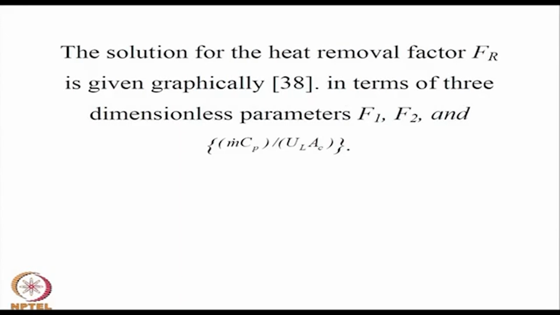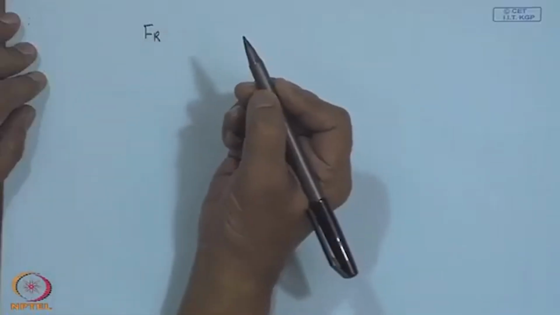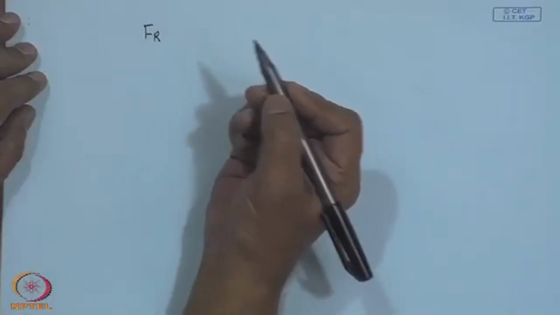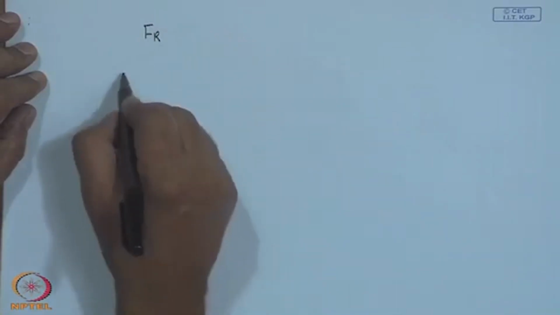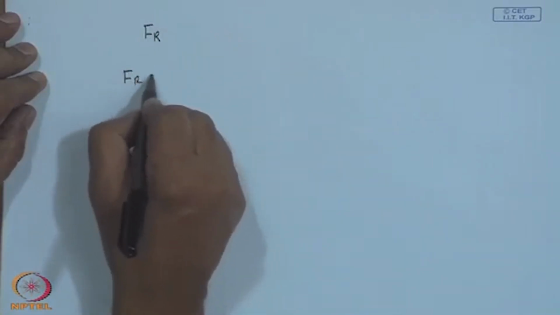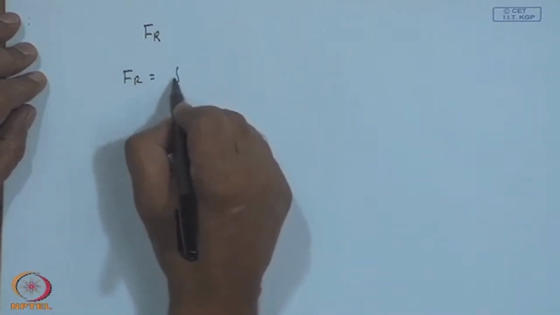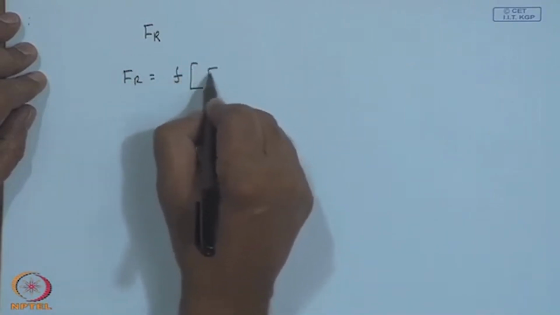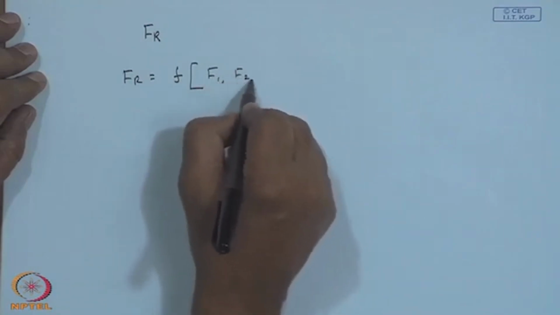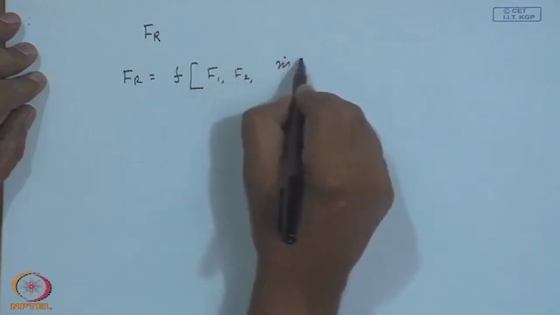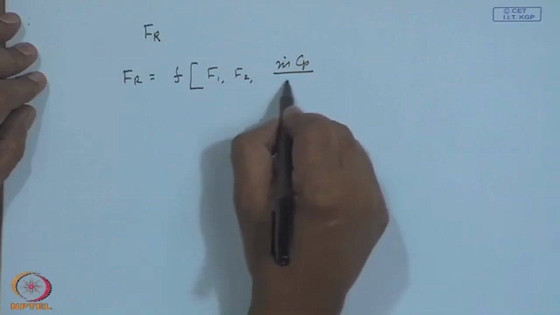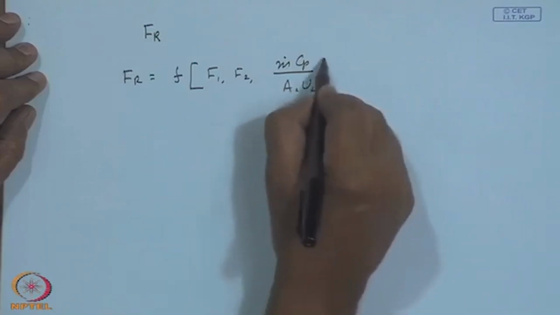And the heat removal factor Fr is not so easy to analytically obtain. So, Fr has been expressed in Abdul Khalik as a function of 2 dimensionless parameters F1, F2 and m dot Cp by AC UL.